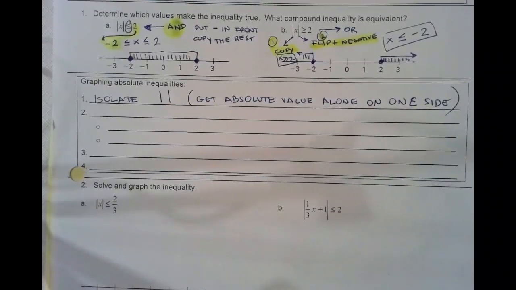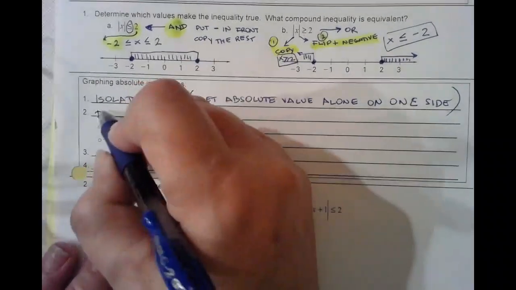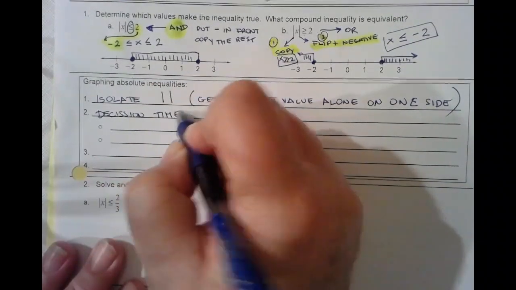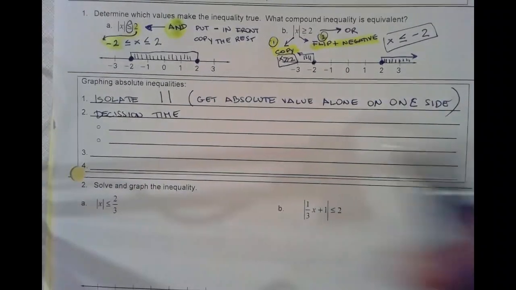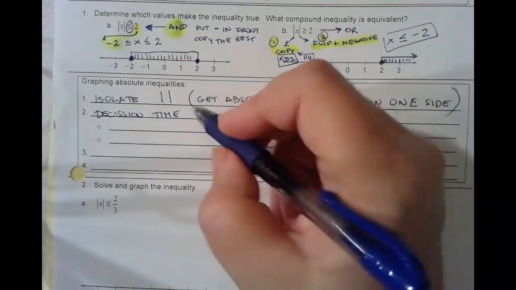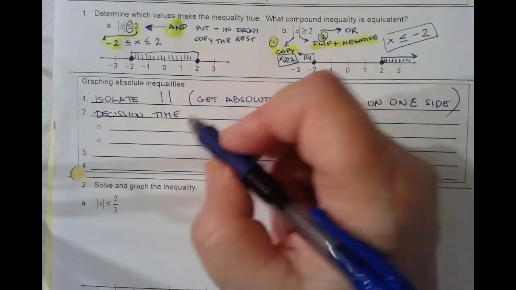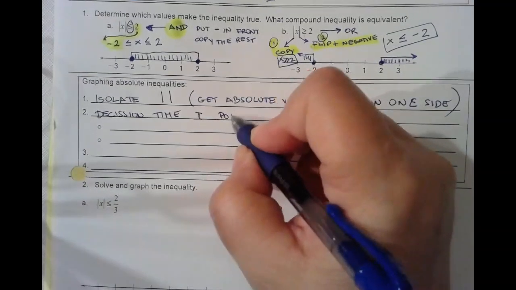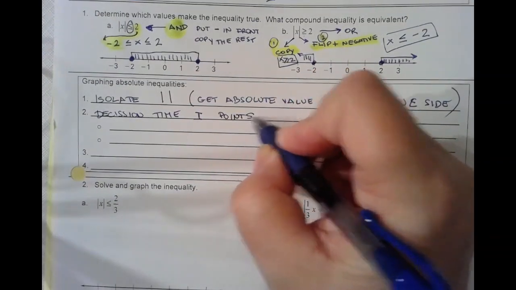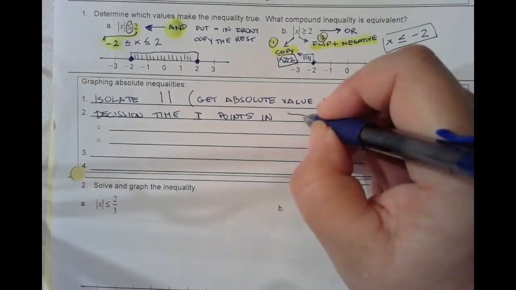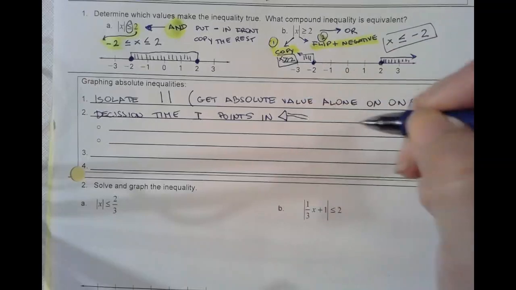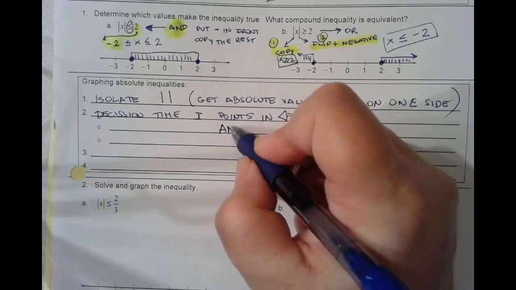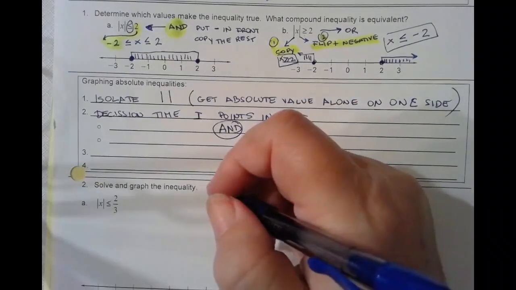The second thing, it's decision time. I say it's decision time because you have two choices. The first choice is points in, this is and.